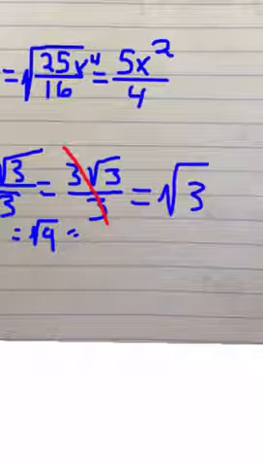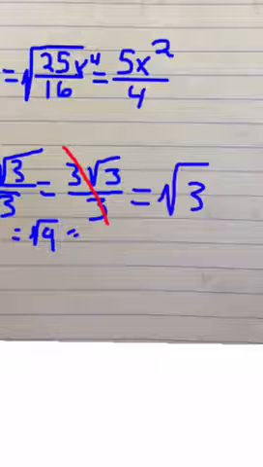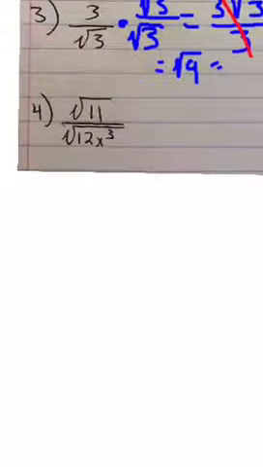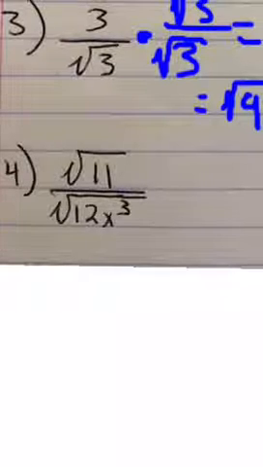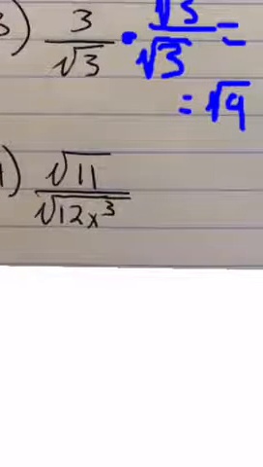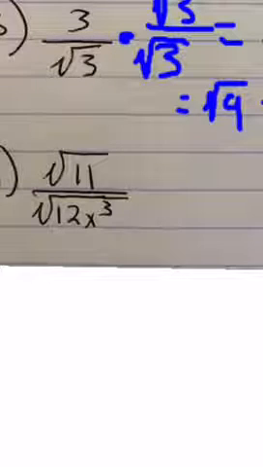So now let's go on to the last one. The last one's a little bit more complex, because that's how I roll. We have to look for a way to simplify the denominator first. Right now we have the square root of 11 over the square root of 12x to the 3rd power. We need to simplify this down.